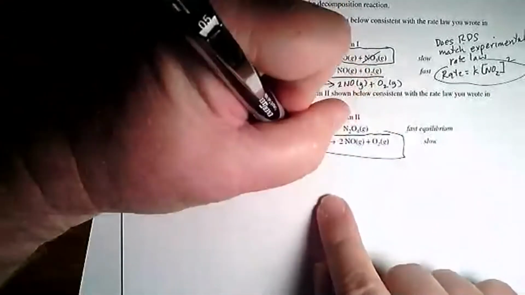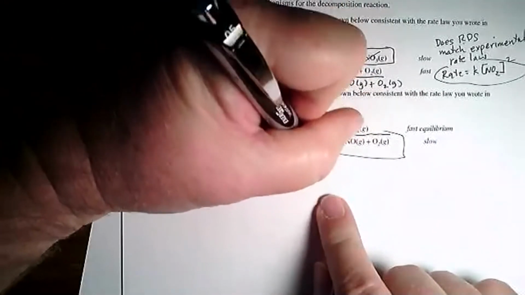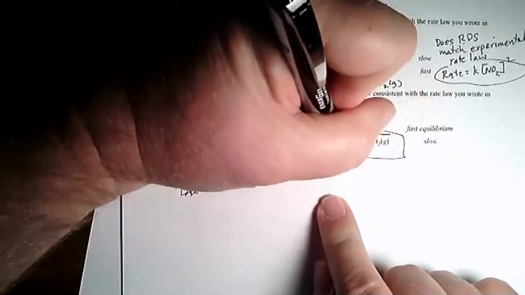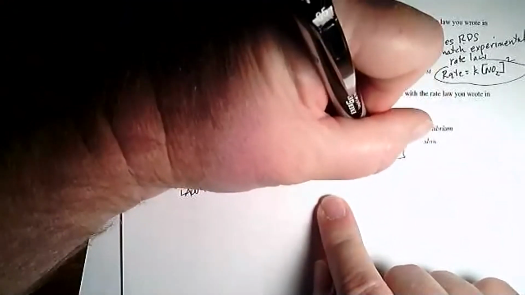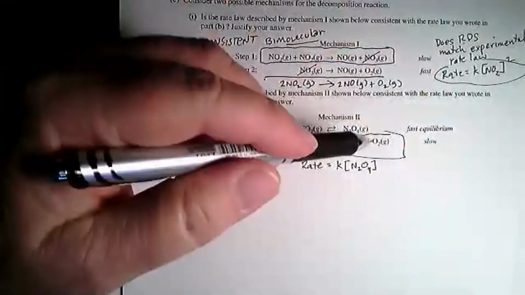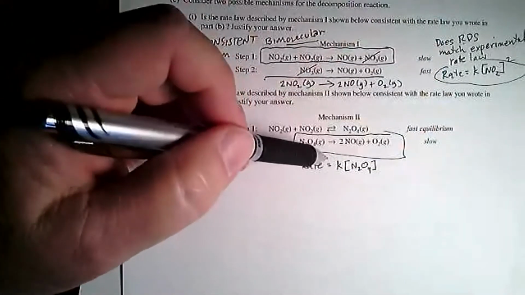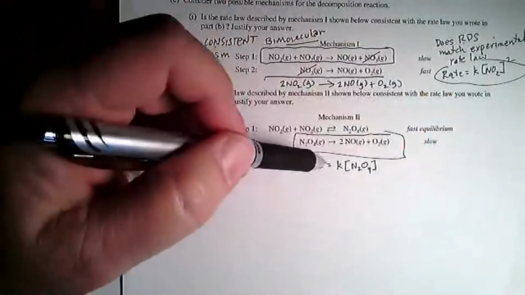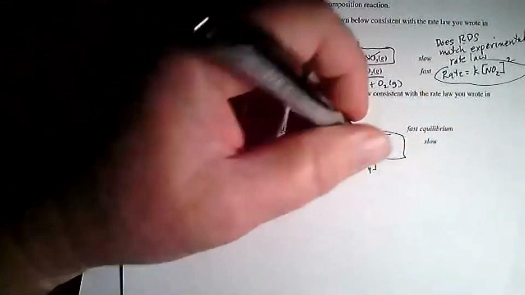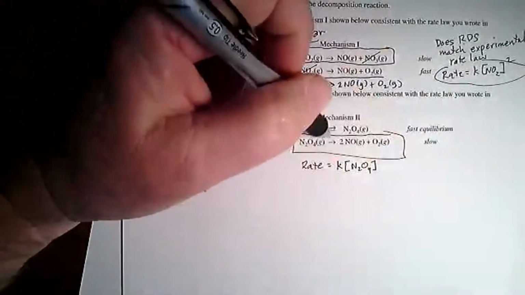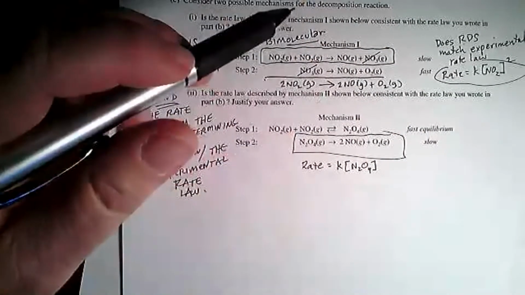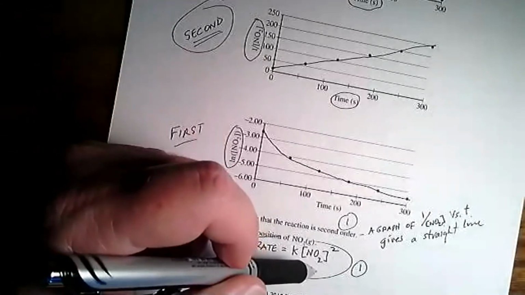And so I would typically write a rate law, which would be rate equals k, concentration of N2O4. Now, here's the issue. This totally does not match, and it would be first order because this is unimolecular. It totally doesn't match what we got on the bottom of the previous page. At least it looks that way.